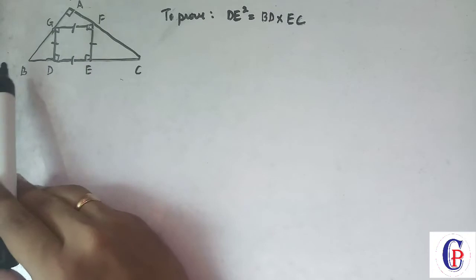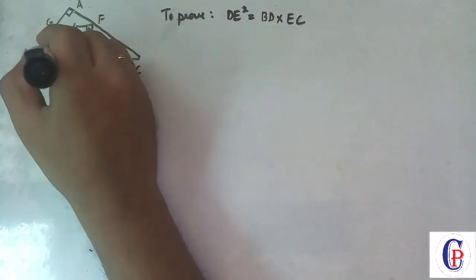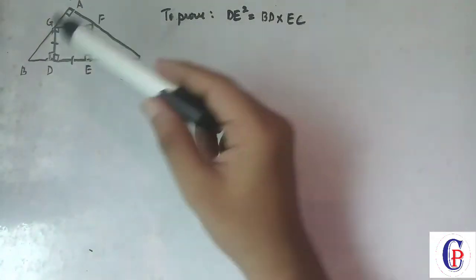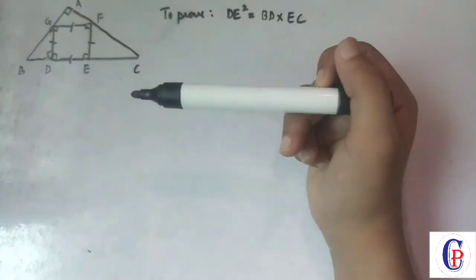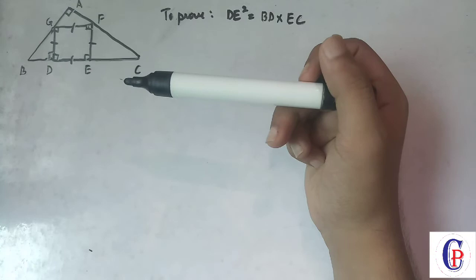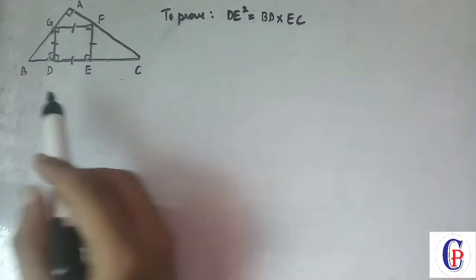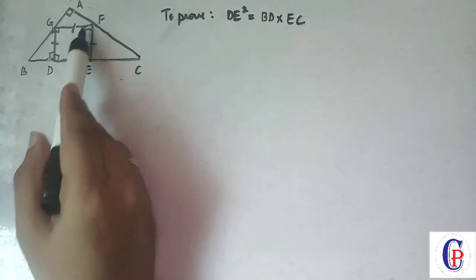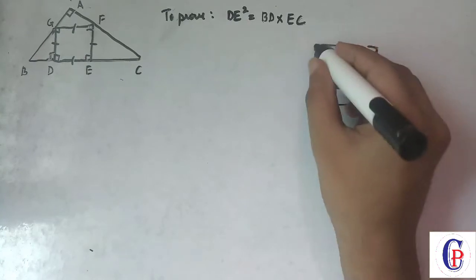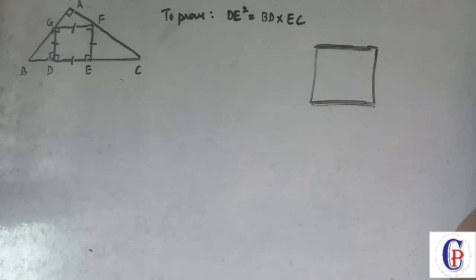One thing we can already see here is that this is 90 and this is also 90. So one pair we have already found to prove these two triangles similar. We need one more pair of angle or side. See, we know one thing, that if we have a square, opposite sides are parallel, right?